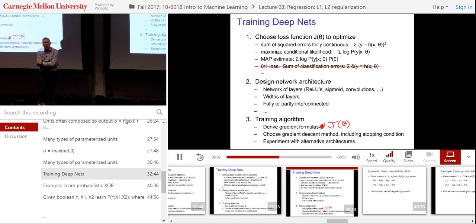Or things like momentum, where you remember the gradient step that you took last iteration, and you try to keep going in that direction, even if the new gradient's in a somewhat different direction. So there are a lot of engineering attempts to make gradient descent work well in neural nets. And again, the two drivers on that are that the computational cost can be quite high for training, and also you want it to generalize well.